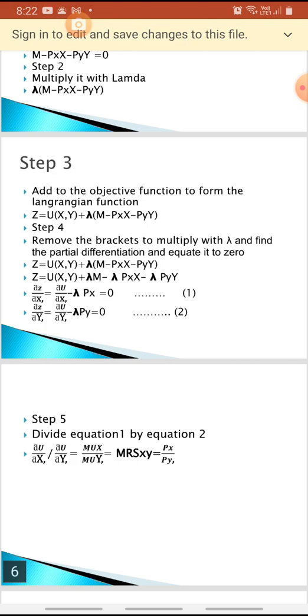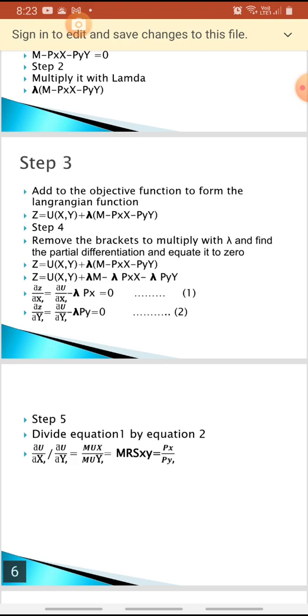Now we can find the partial differentiation. That is, dou z by dou x is equal to dou u by dou x minus lambda Px, that is equal to 0. In the second one, we are finding the partial differentiation of the function z with respect to y.